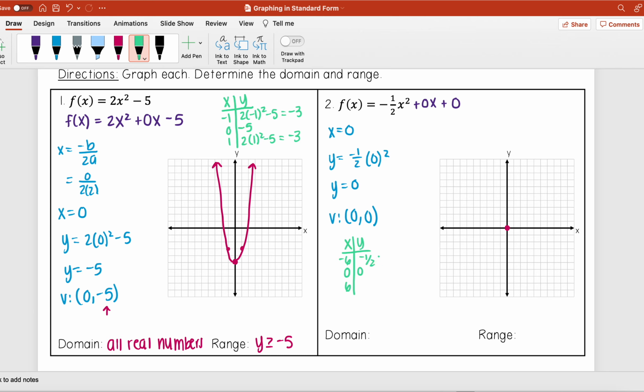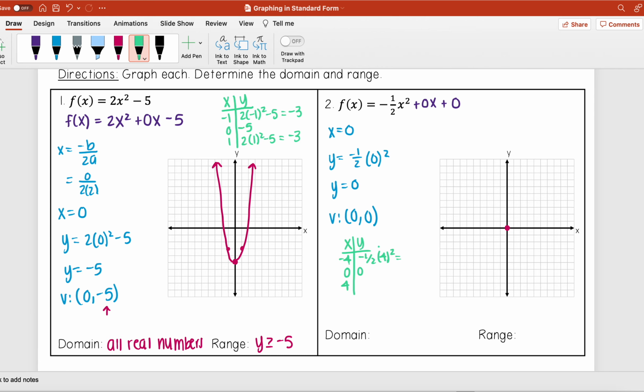So plugging in negative 6. Let's not go with that. That's going to be too big. Let's go with 4. So plugging in negative 4, I have negative 1/2 times 4 squared.